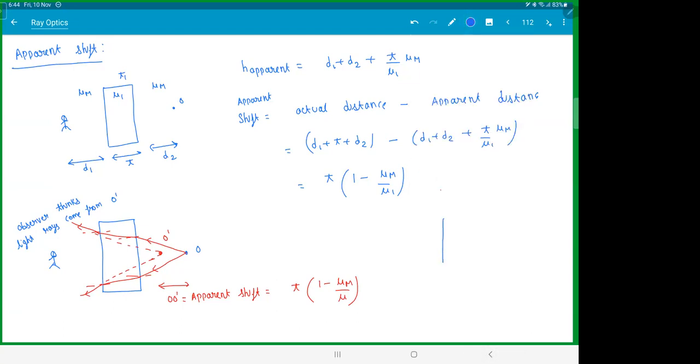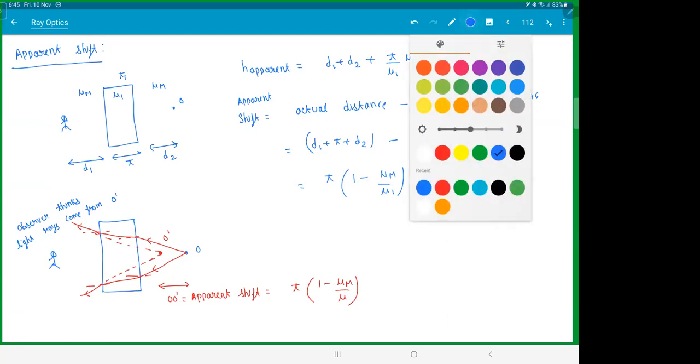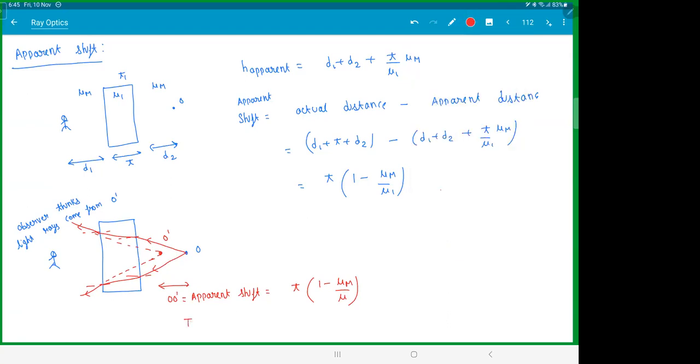And the best part, it doesn't matter how it is. Let me write you that statement here. The shift is always in the direction of incident light rays. I'll tell you what it means.